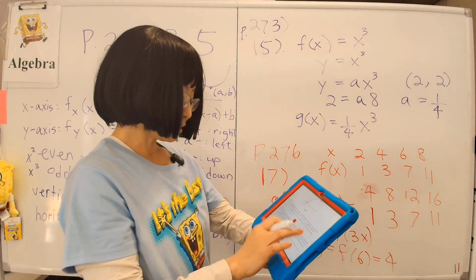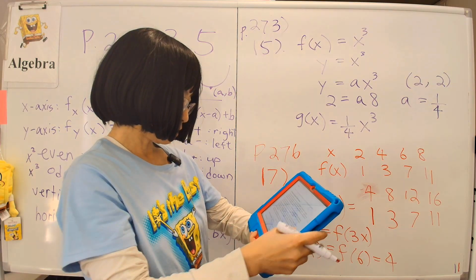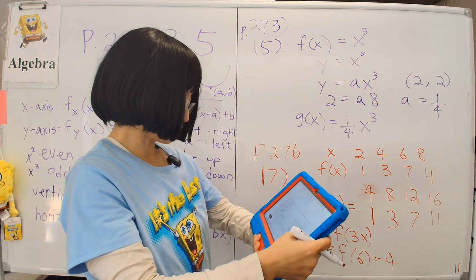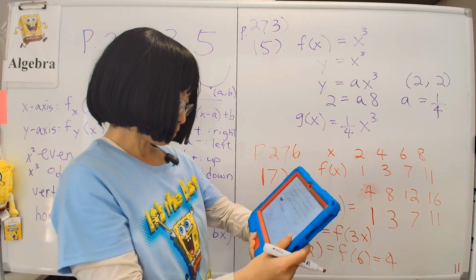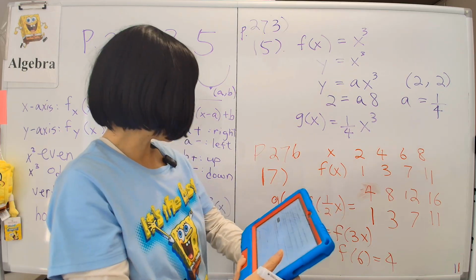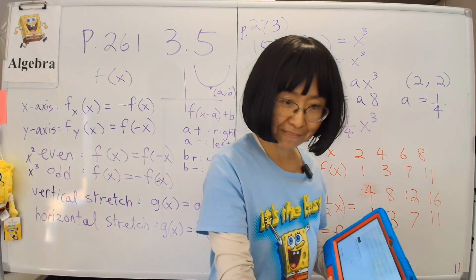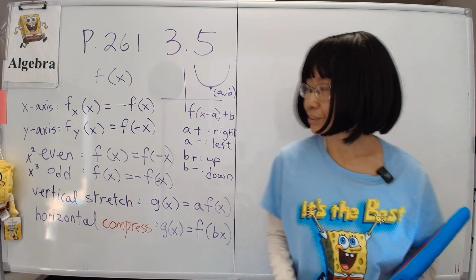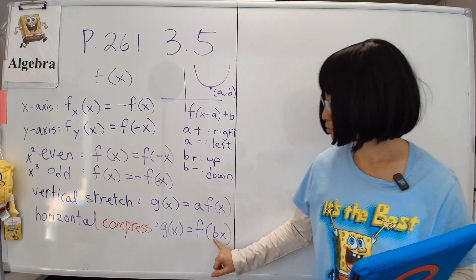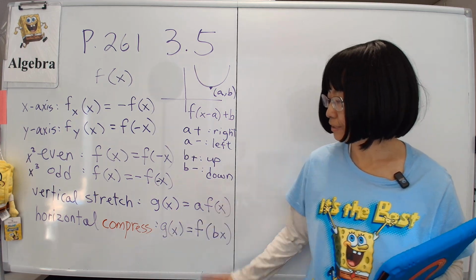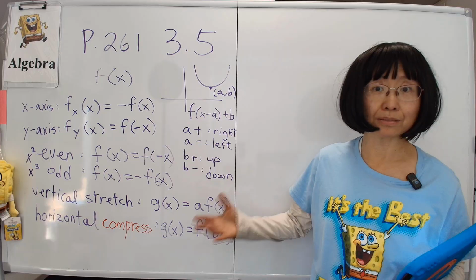Let's move on. Next, we're going to do a whole bunch of stuff. Let's look at example 19 on the following page. I guess I'll erase the board. I should mention that to write it this way, this is more of a compression with a number b if b is bigger than 1.